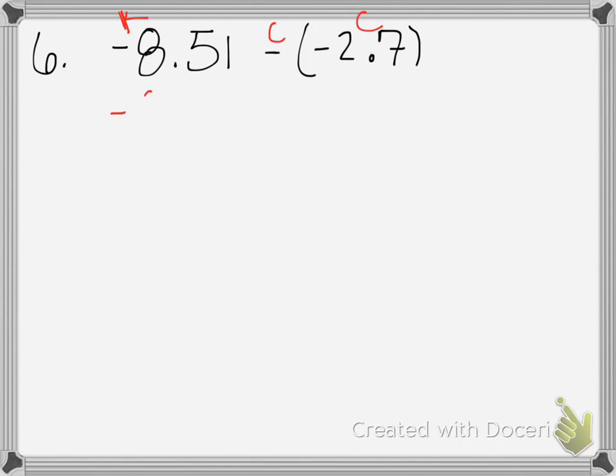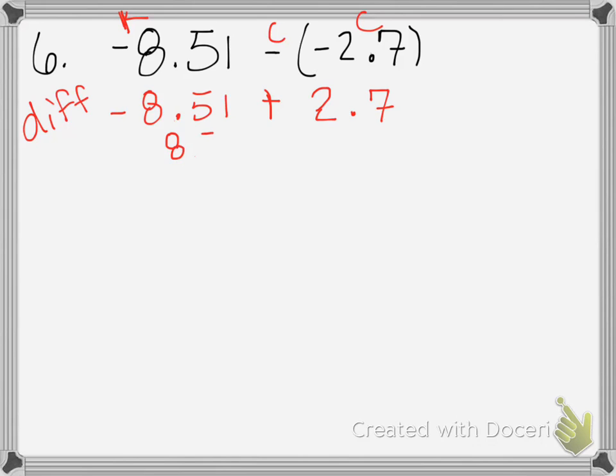So we're going to keep the first one. We're going to change the sign to addition, change the sign of the second one, which will in this case now be a positive number. And then we're going to add like we normally do. Well, these signs are different, which means we're going to subtract them.